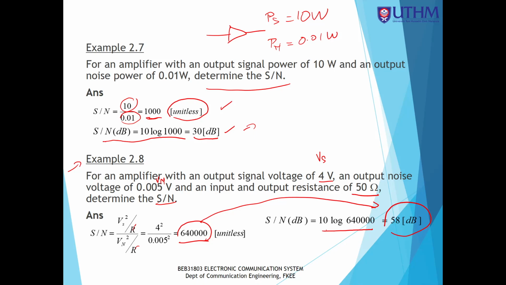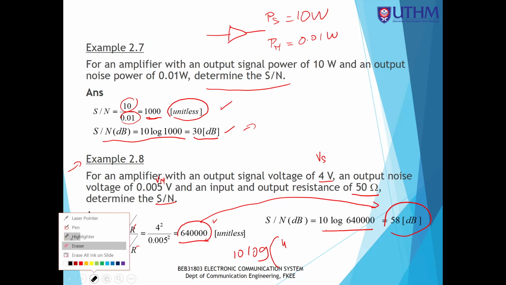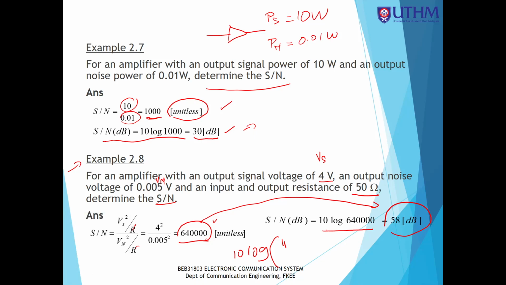So you might wonder why we don't use 20 log. Because we already get the value of SNR here. We just need to convert it. If you use 20, it's actually like this: 10 log 4 square divided with 0.005 square.